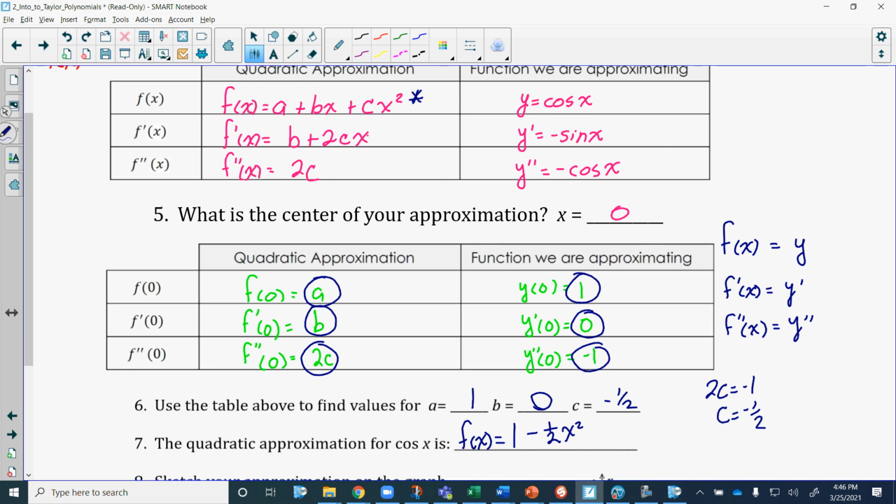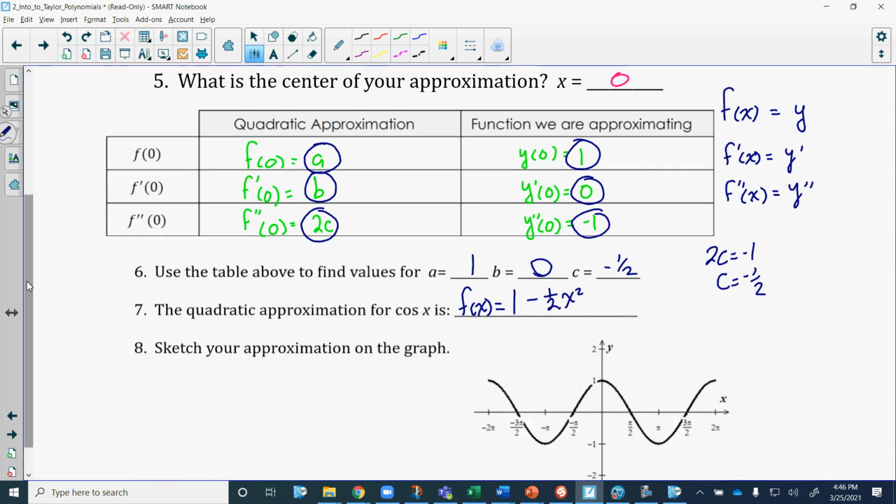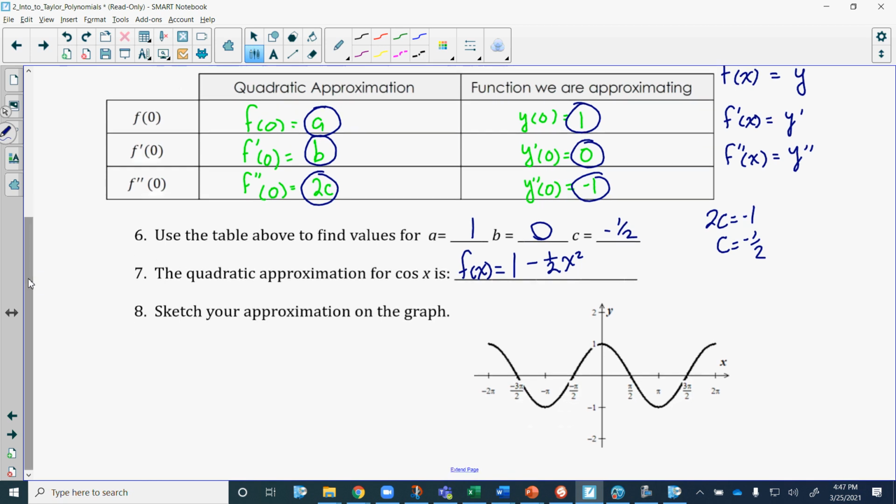And so now I have a quadratic function, polynomial, whatever you want to think of it as, that will be a much better approximation of cosine of x at 0 than what we would have gotten with our line.